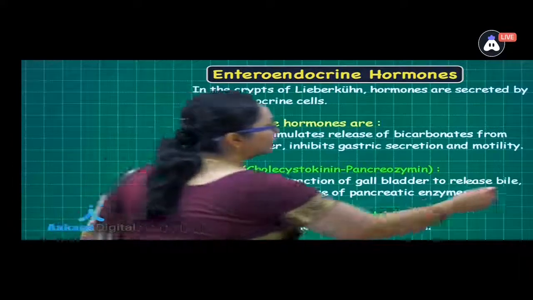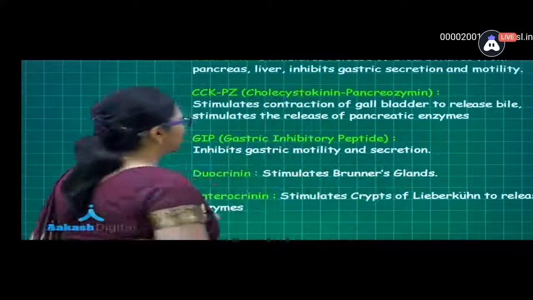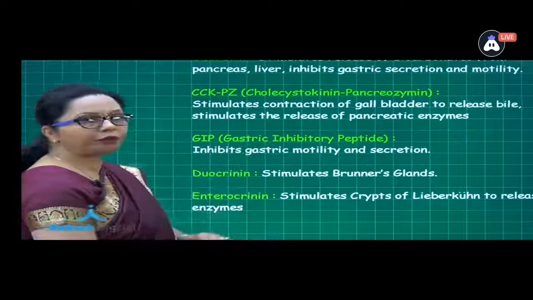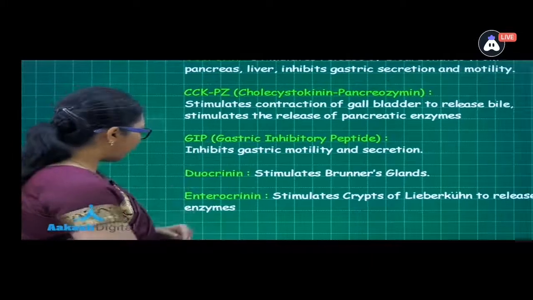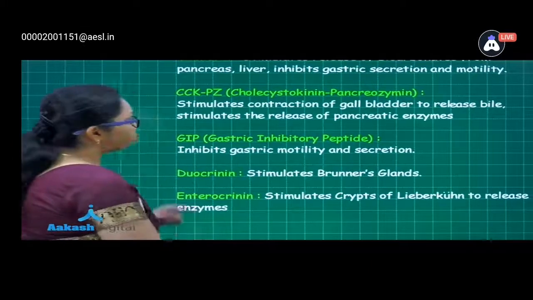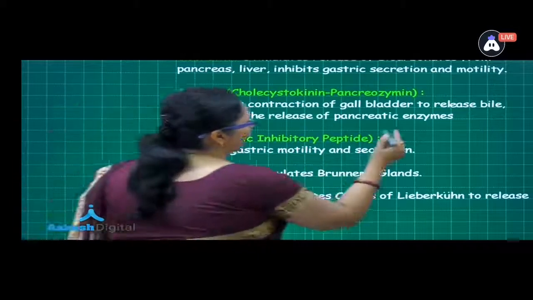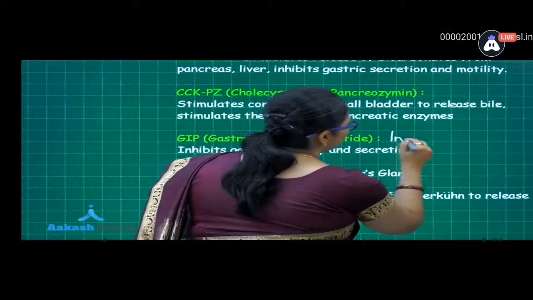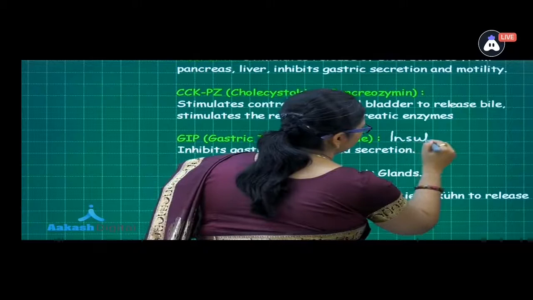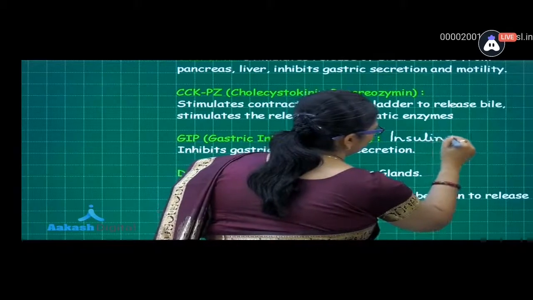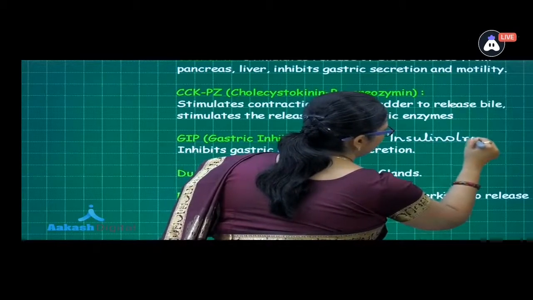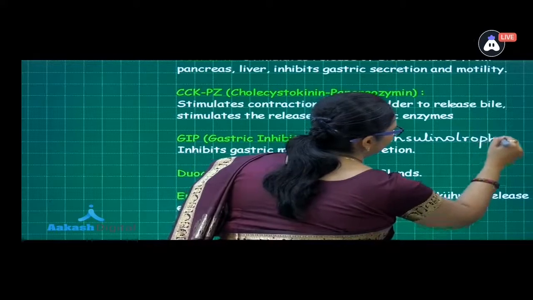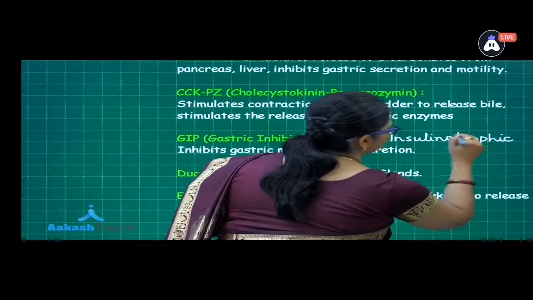Another important hormone is GIP, that is gastric inhibitory peptide, which can also be written as gastric insulinotropic peptide, because that gives one more function of this GIP.